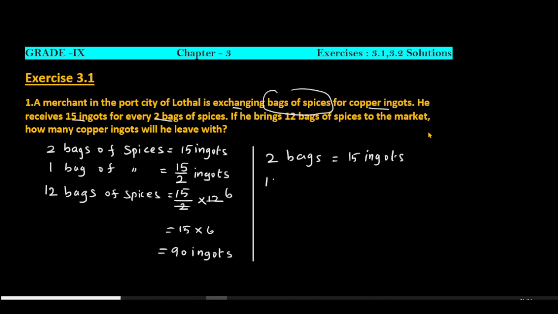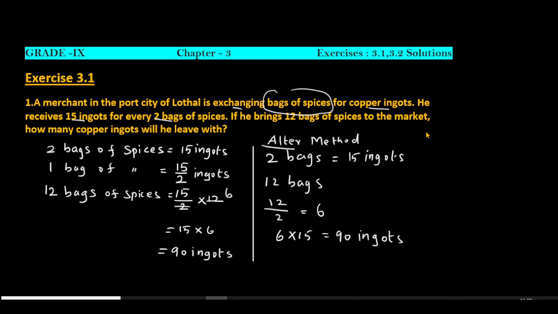In 12 bags, how many sets of 2 bags are there? That is 12 divided by 2, which is 6. So 6 sets of 2 bags are there. So 6 into 15 is equal to 90 ingots. Like this also you can do, 2 methods. This is the alternate method. Either you can do like that or like this.